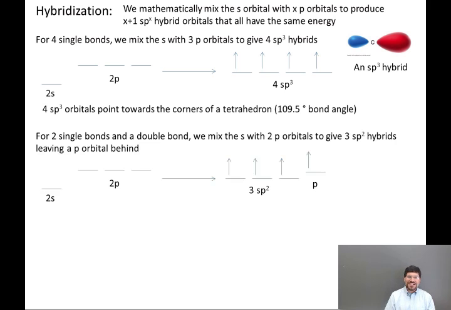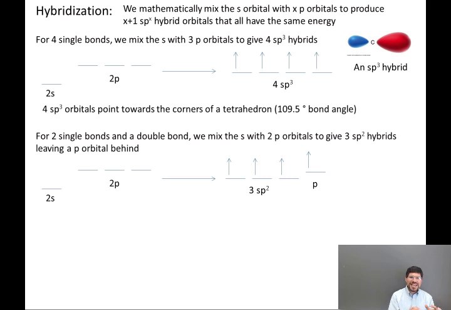If we want to have a double bond, we will now only want 3 different groups bound to the central carbon atom. So we're going to mix that s orbital with 2 p orbitals to give 3 sp2 hybrid orbitals. Okay, x is equal to 2 in this case.